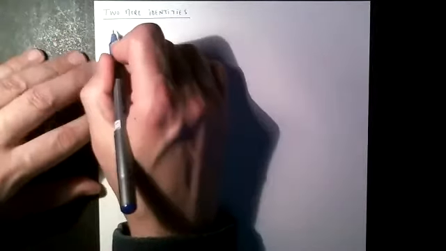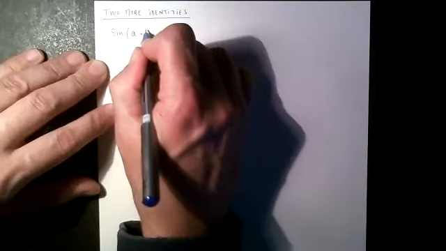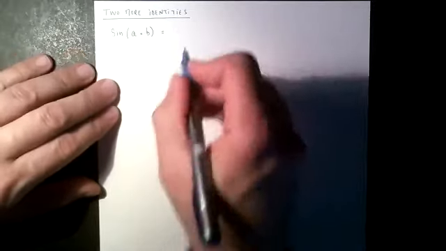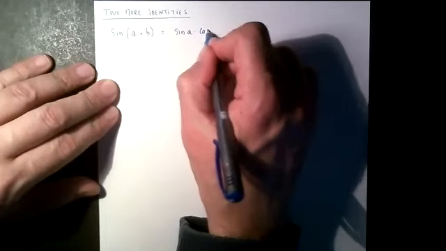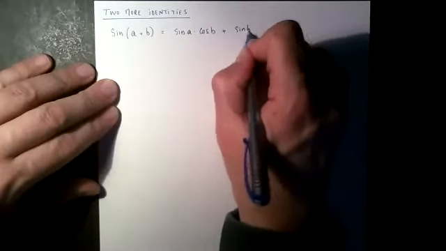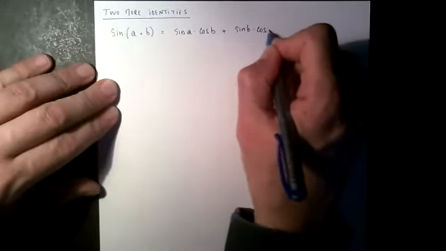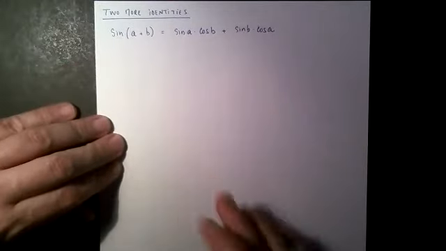The first one is that the sine of the sum of two angles, A plus B, equals the sine of A times the cos of B plus the sine of B times the cos of A. So this is an identity.